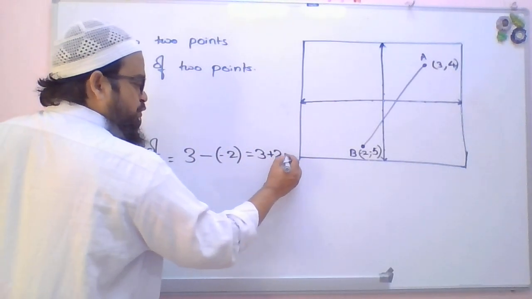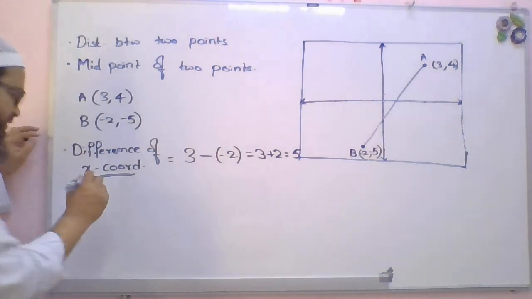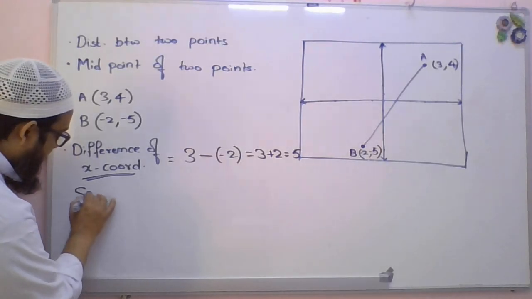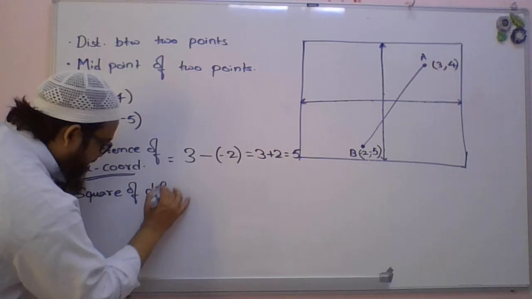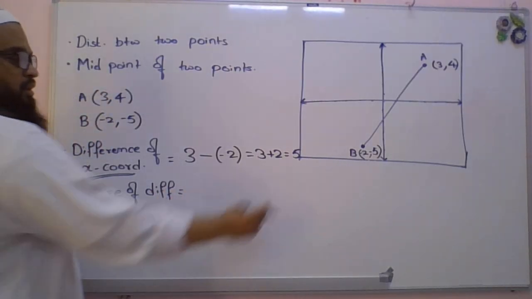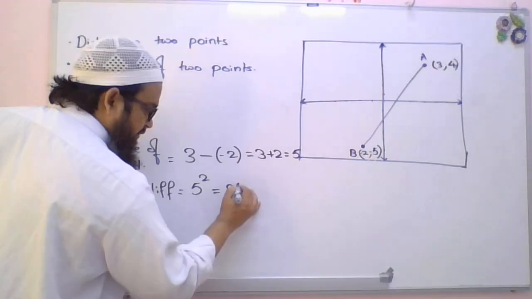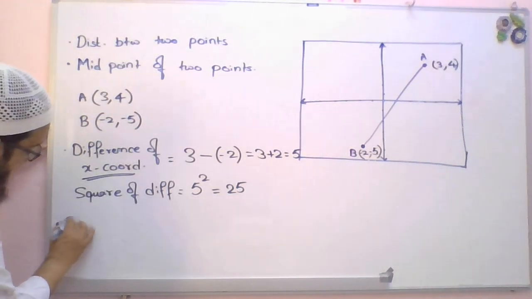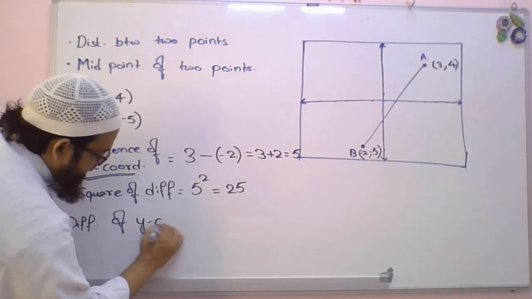So 3 plus 2 is equal to 5. Understood? After finding the difference, find the square of the difference. So 5 squared is equal to 25. First step over.